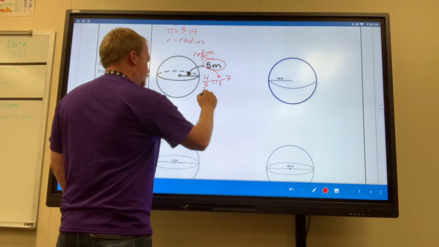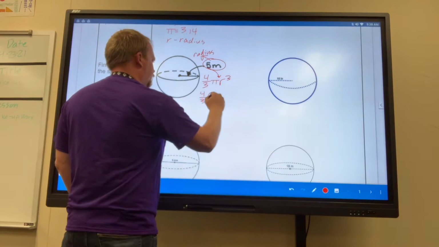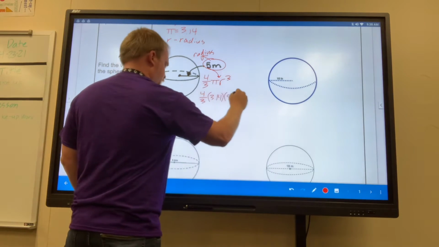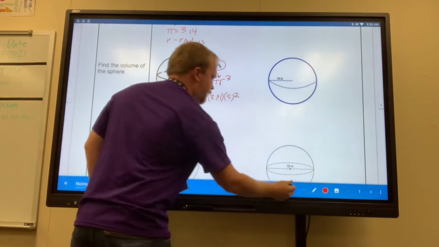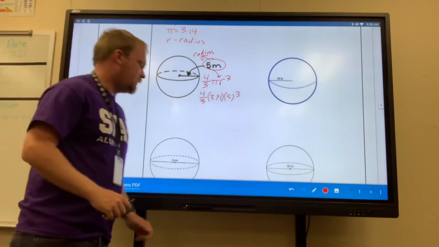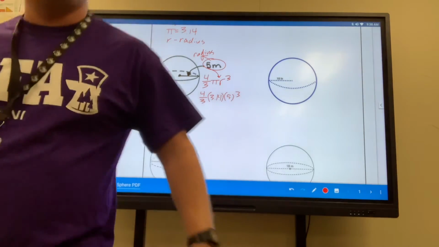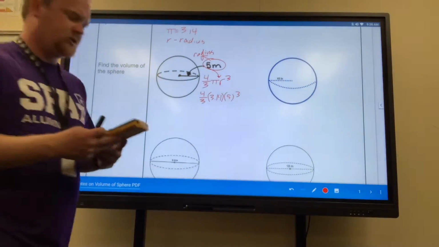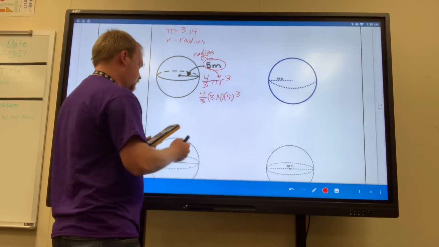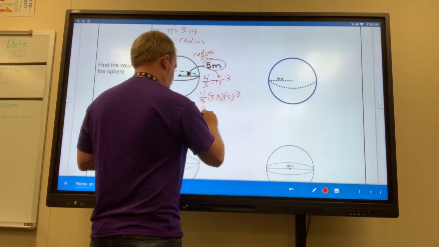So I would get 4/3 times 3.14 times 5 cubed. Sorry, 5 cubed. Got used to it. Now, I can go ahead and cube that real quick, just to do it step by step. 5 cubed is 125.